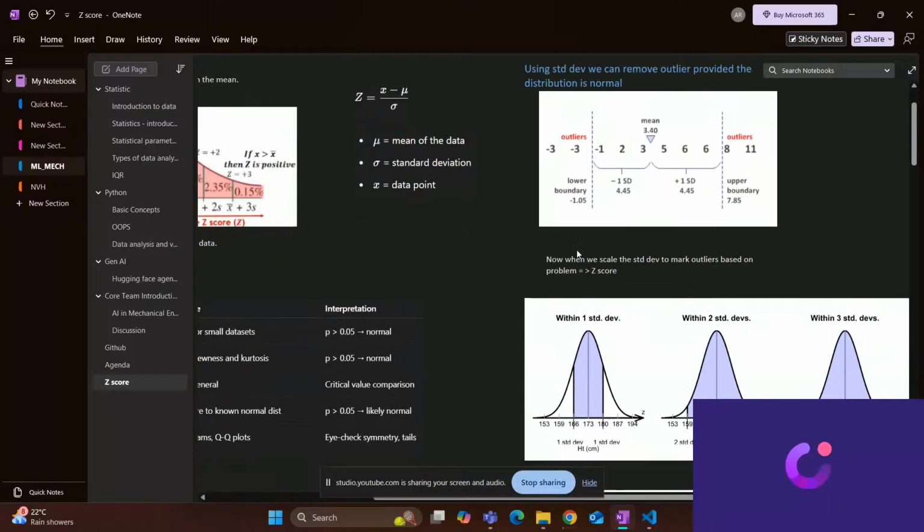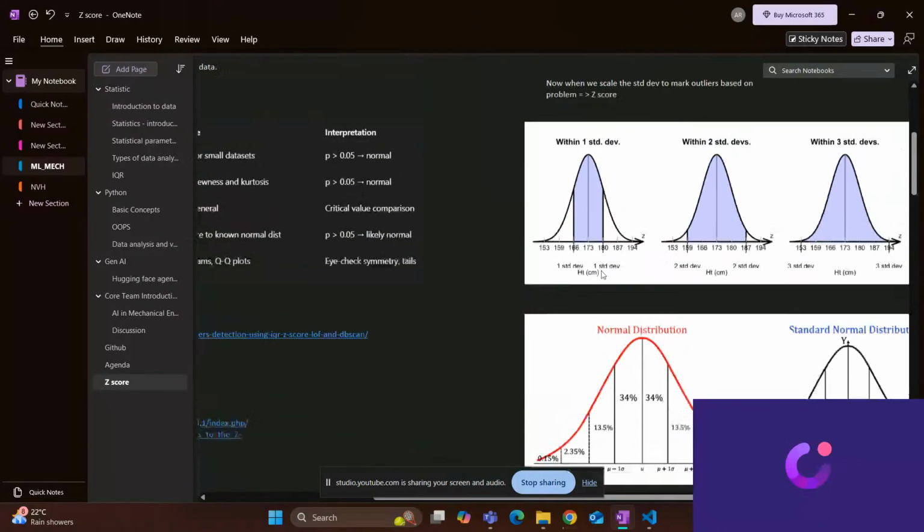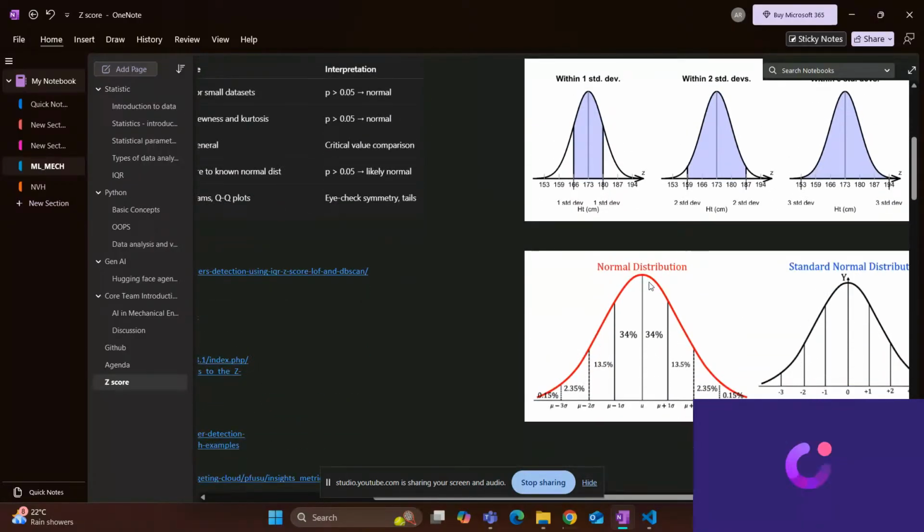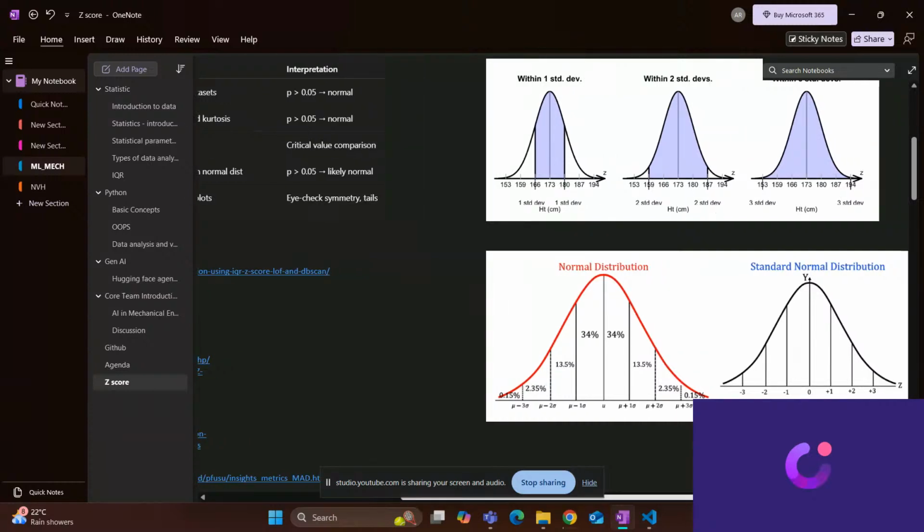That is when the Z score concept comes in, where we have normalized data, with the standard deviation identified with the same 1 sigma, 2 sigma, 3 sigma method. But we normalize it by making the mean value 0 and then computing the standard deviation. That is where Z score comes into the picture. It is a standardized normal distribution.